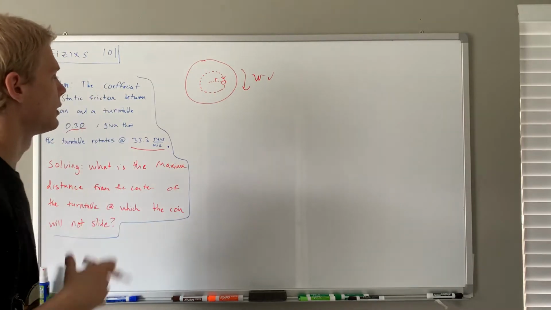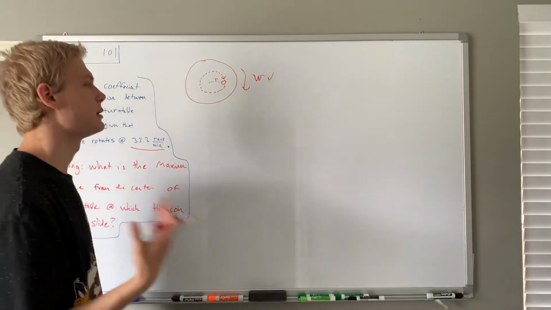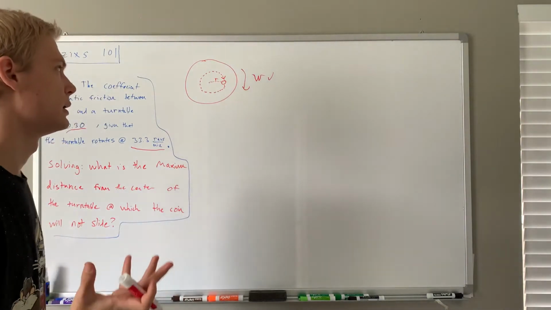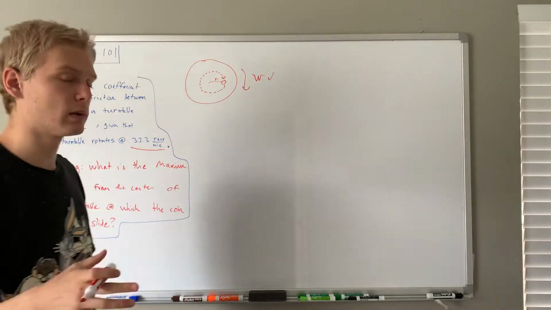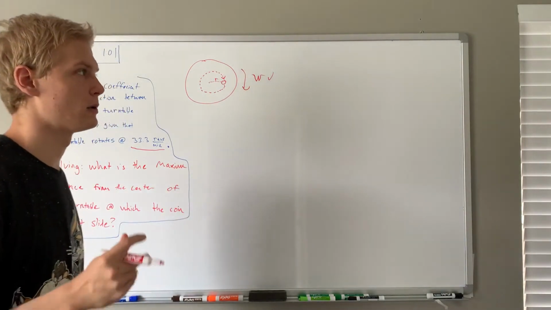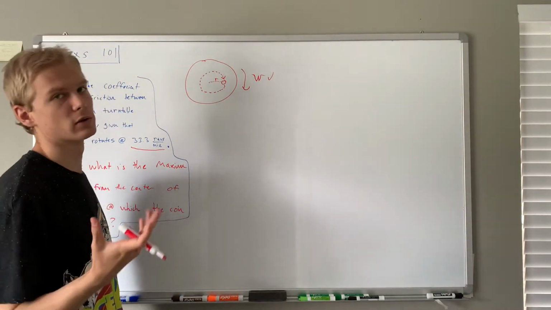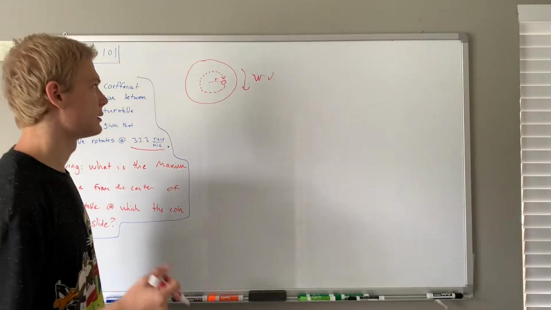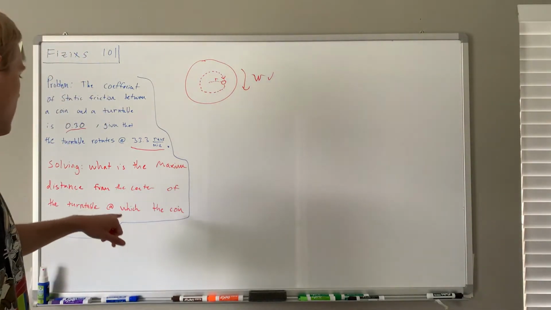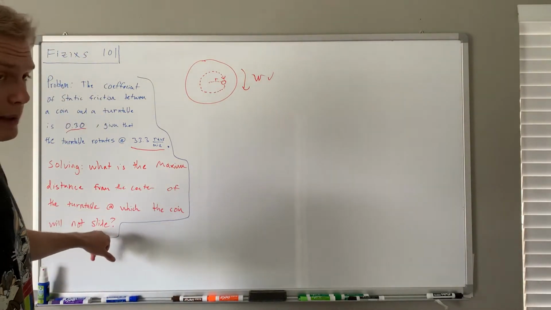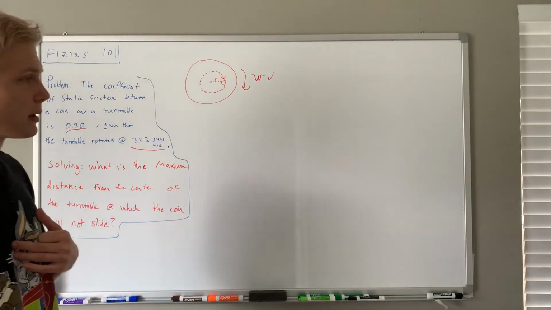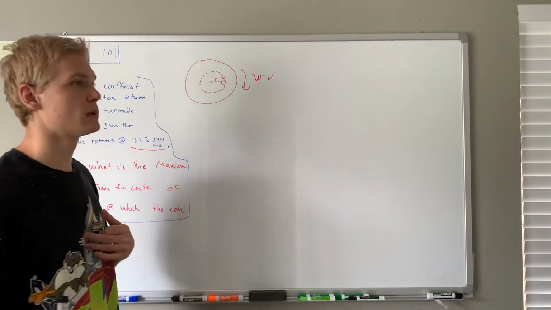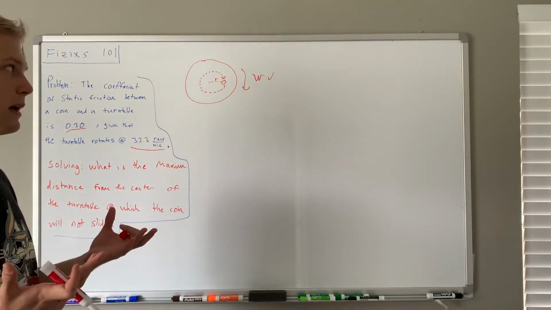The big key thing is when things are in circular motion, there's centripetal acceleration, and that's the only thing that matters in terms of what's going to keep it in circular motion. In this case, it said not slide. So that's a big hint that friction is going to be the force that keeps it in circular motion.